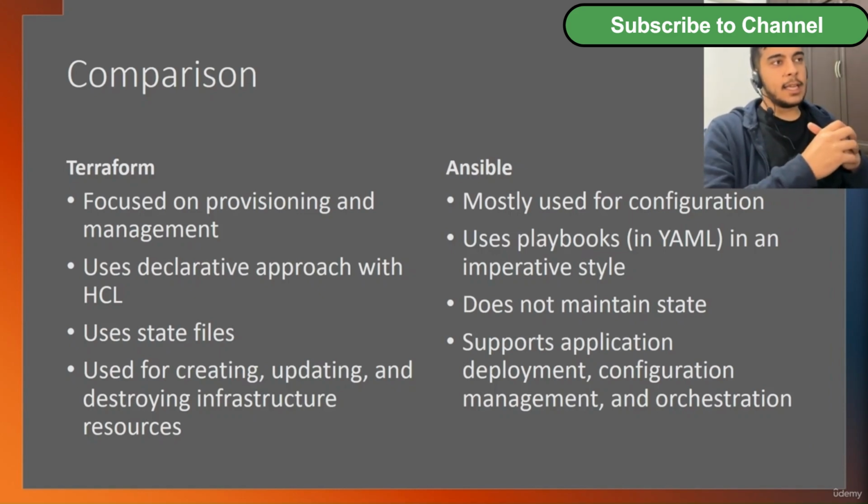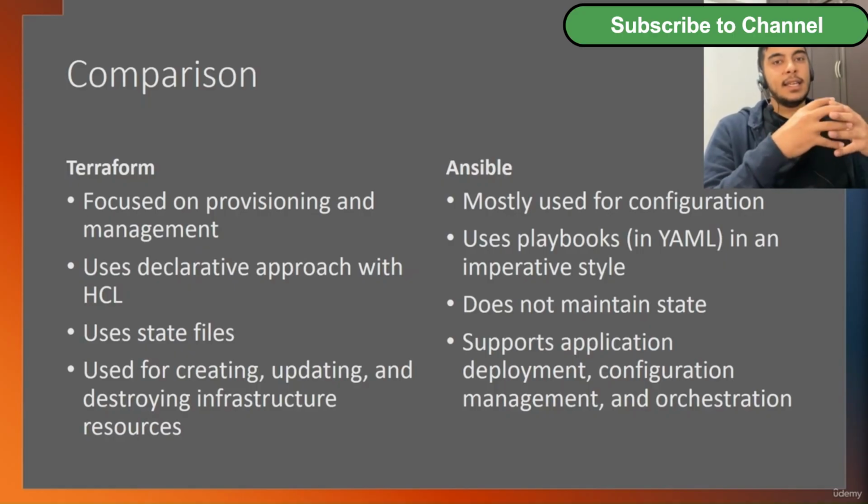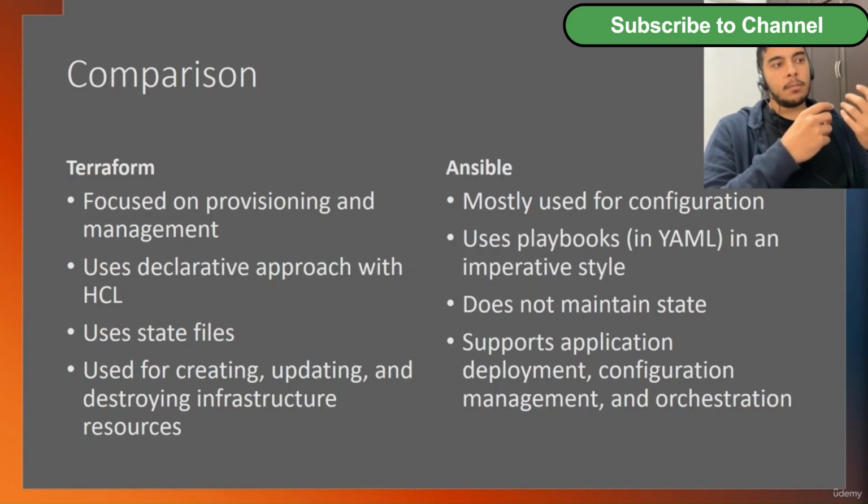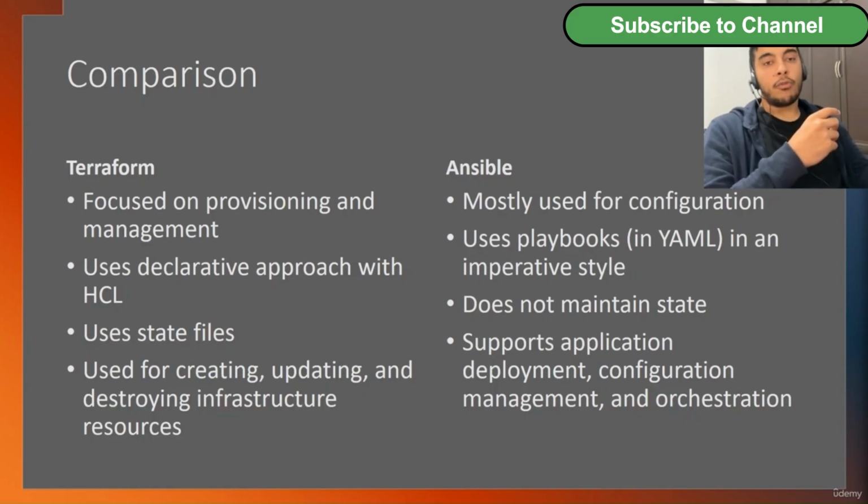But Ansible is mostly used for configuration. So we actually deal with the exact, detailed commands that are applied onto our network devices or servers, and it does that in an imperative style. Declarative means we don't have to define every specific configuration that is applied onto our resources.